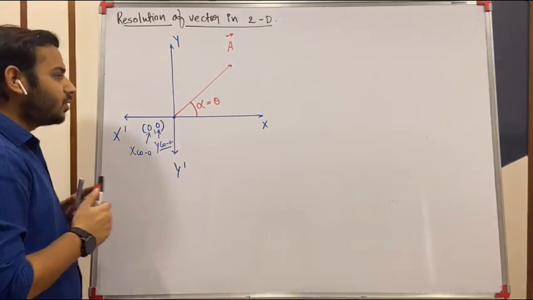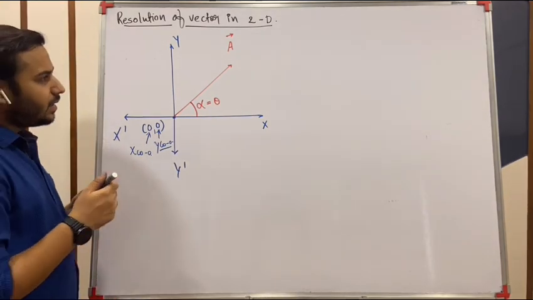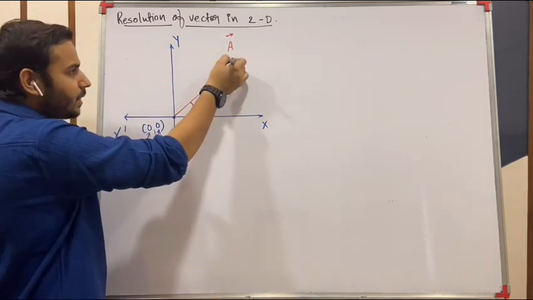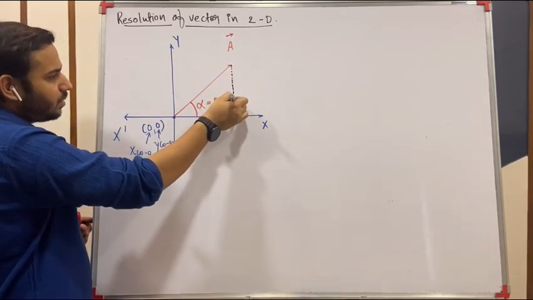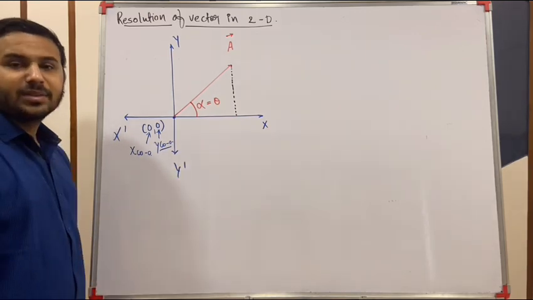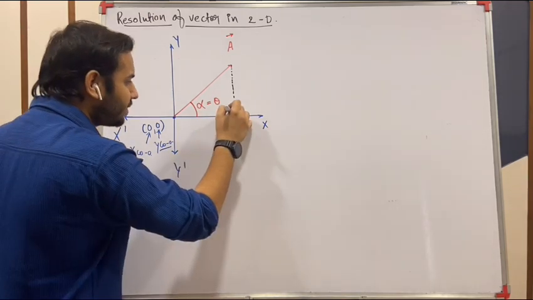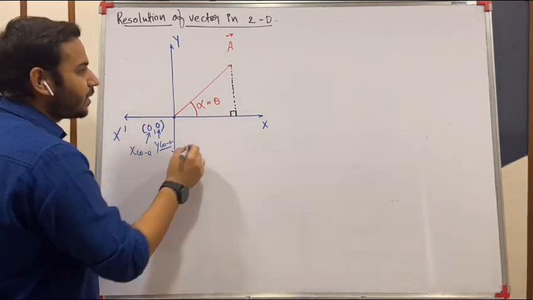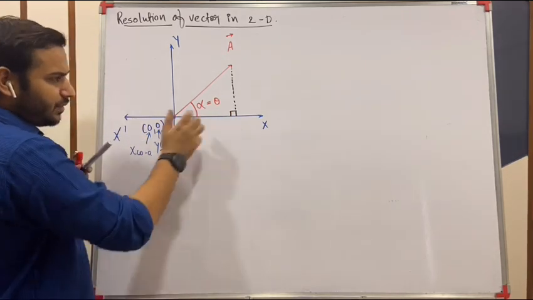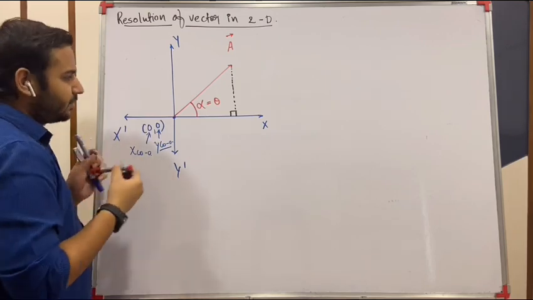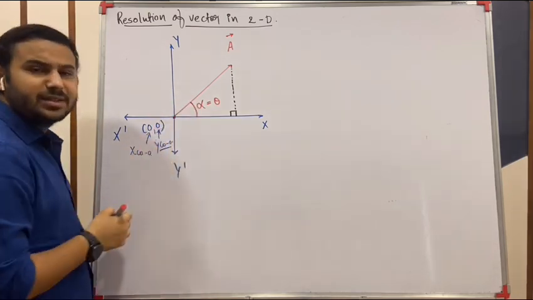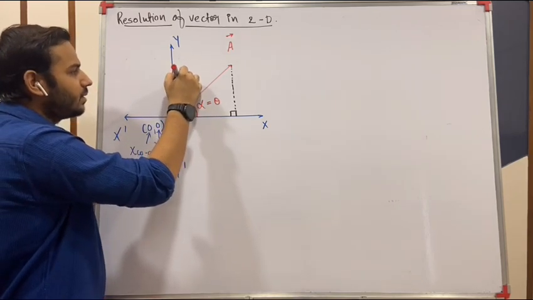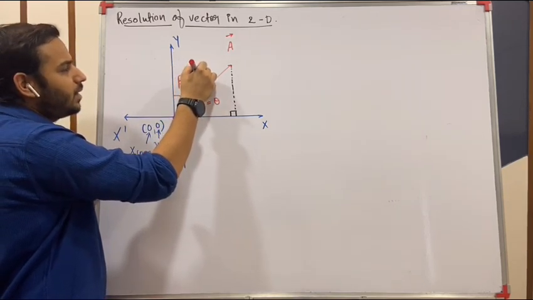So I can write like this. Magnitude of this vector is A. Let me draw a perpendicular line from the head of A to x-axis. This line is perpendicular to x-axis. Okay. Now, if this angle is theta, and obviously angle between these two axes is 90, so this angle, if you say beta, which is 90 minus theta.